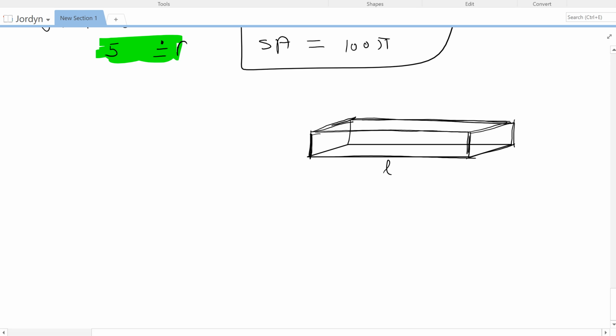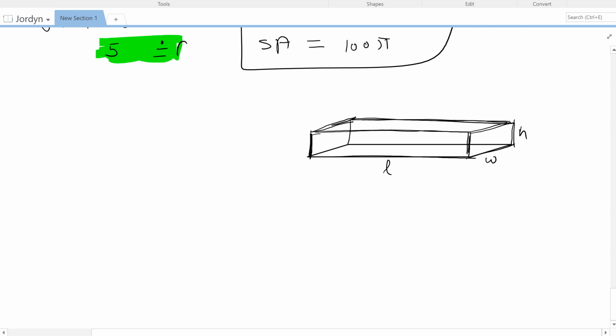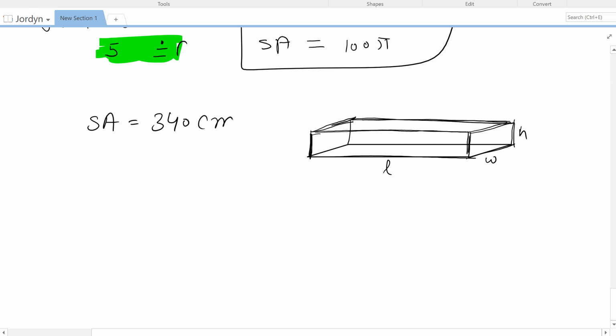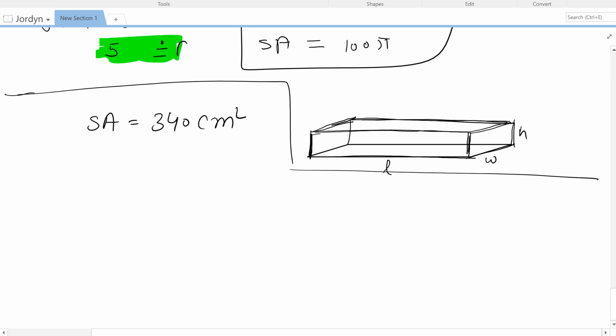Anyway, so we have length, width, and the height of that thing, and they're saying find the dimensions to maximize the volume of the rectangular prism that has a surface area of 340 centimeters squared. So that is my surface area.